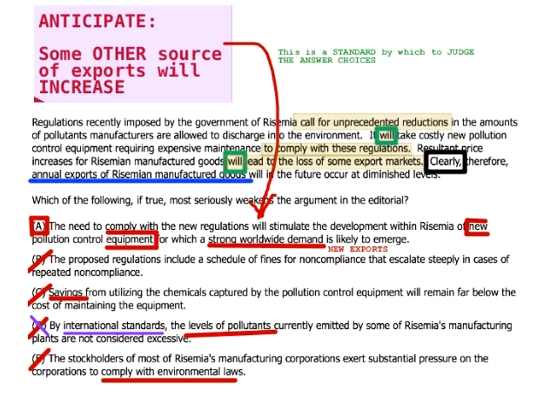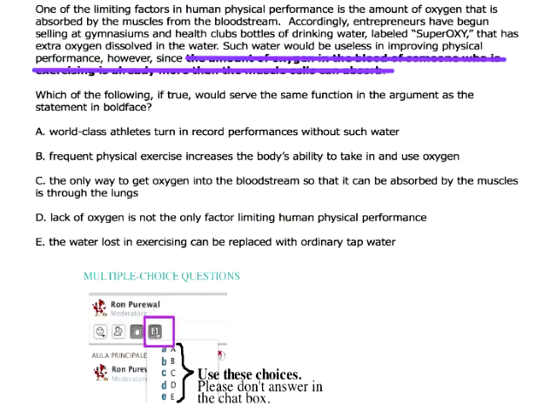If you read this first and then you go up there and read that, then you'll get through it more efficiently. But here, if you read this, "such water will be useless in improving physical performance." Okay, let's say we read that first. So at least we know what side of an issue we're on, right?